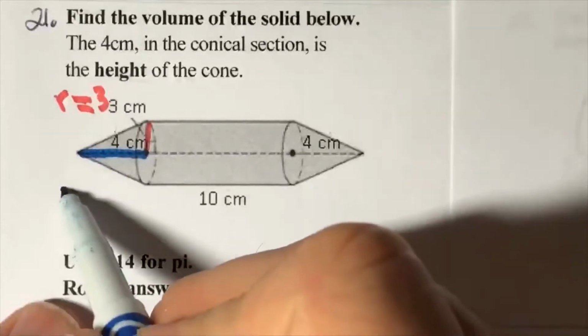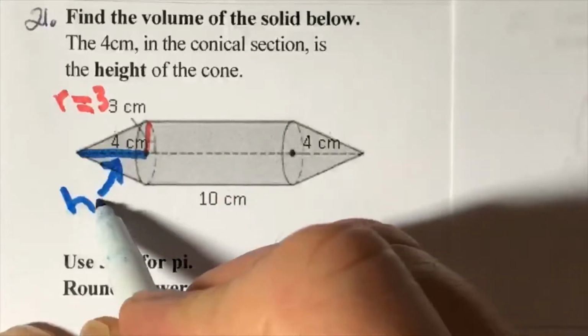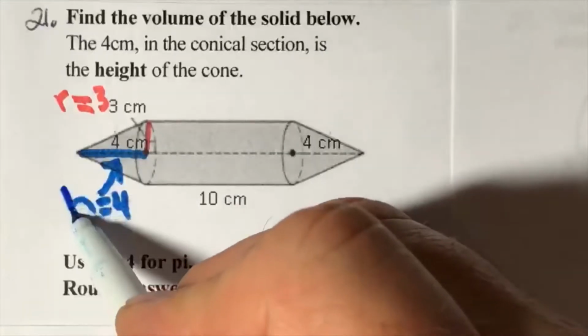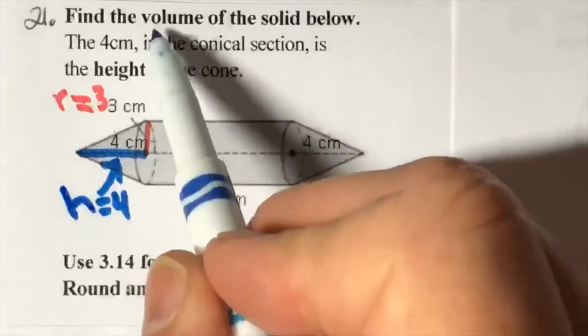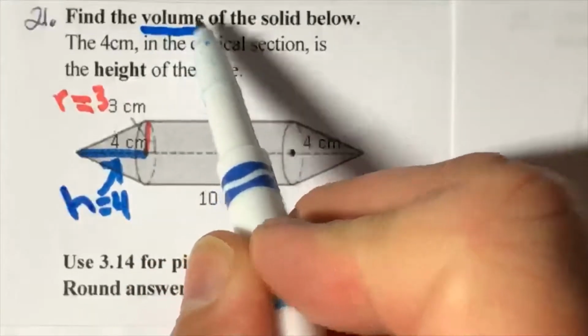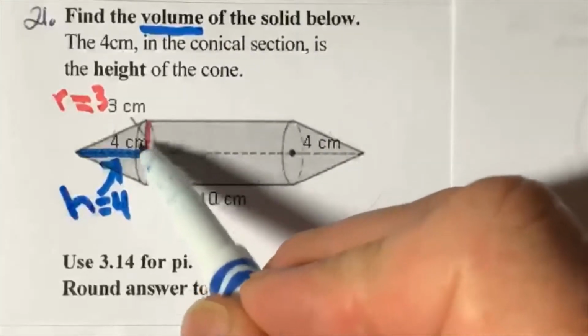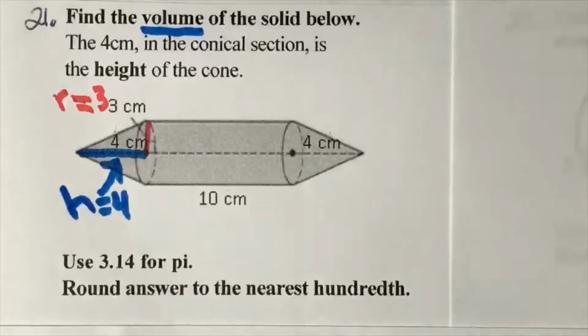The h is equal to 4. So the height of the cone is needed for volume. You need to underline volume and know that we're dealing with a cone and a cylinder.